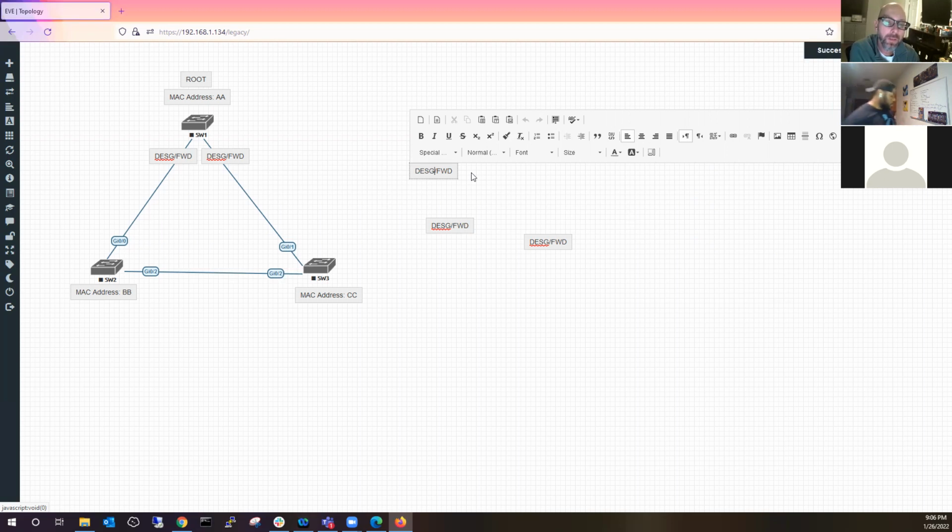So hold on, wait a minute. Just because it's connected to the root, that's the reason why we're choosing it as a root port? I thought... Remember the nugget that Claude just gave you: cost. We're not basing it off connection, we're basing it off cost.